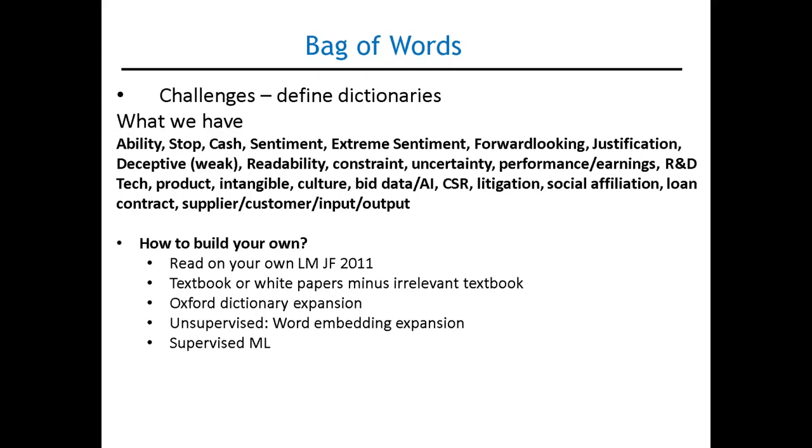The other way is that we use supervised machine learning to have the machine pick up the words instead of a human. That's what we call self-supervised. Compared to the first approach, where a human picks up the positive and negative words, we have a machine pick them up for you.